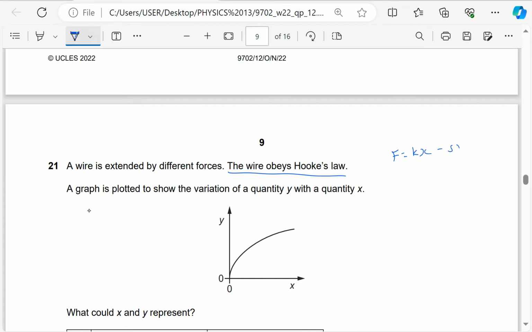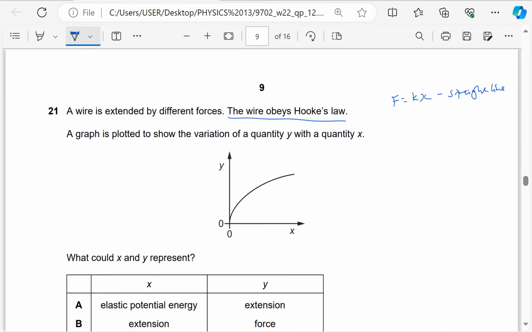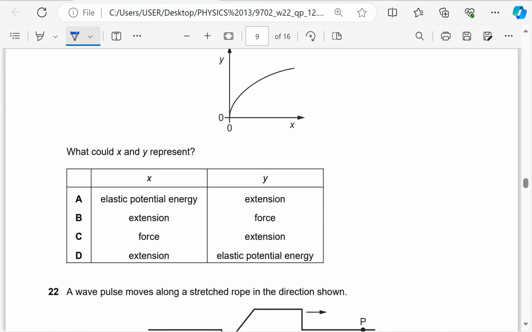This will be a straight line. So it can't be F against x or x against F. So I have to ignore B and C, because F against x or x against F, it is the same line. It would be a straight line. So it means I ignore B and C.